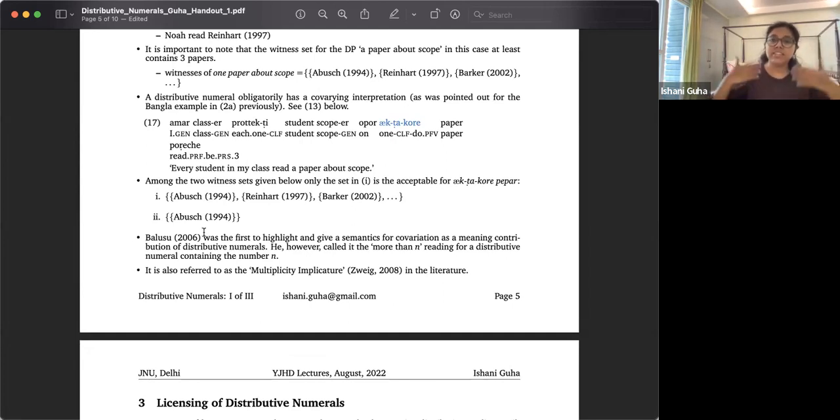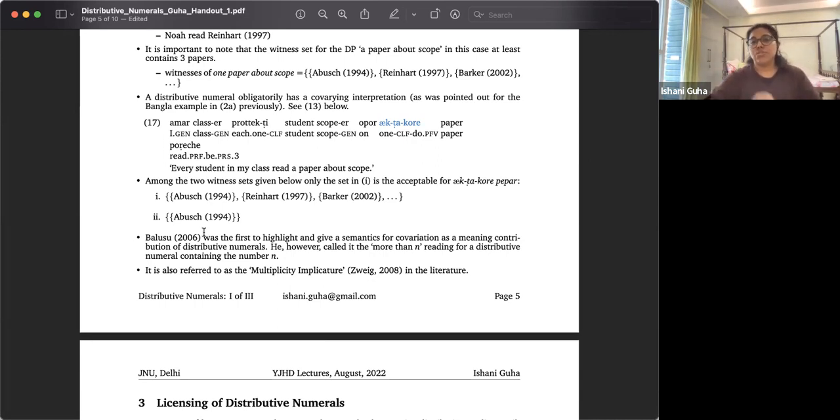This is set theoretically describing what I said at the beginning, that it cannot be the case that every student read the same paper, right? It must allow the possibility that every student read a different paper.